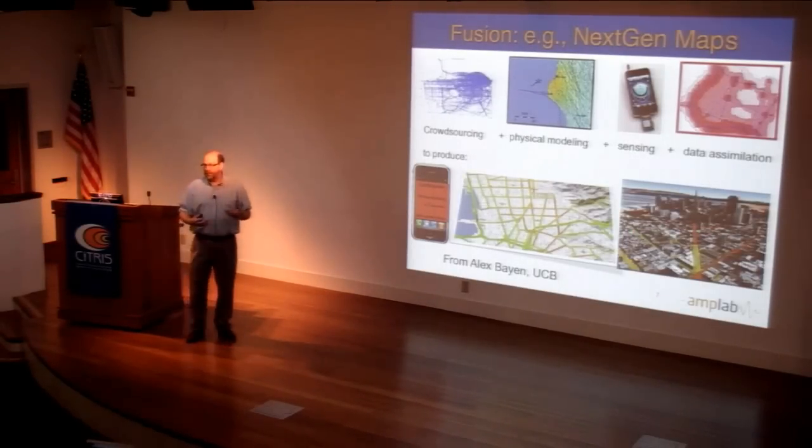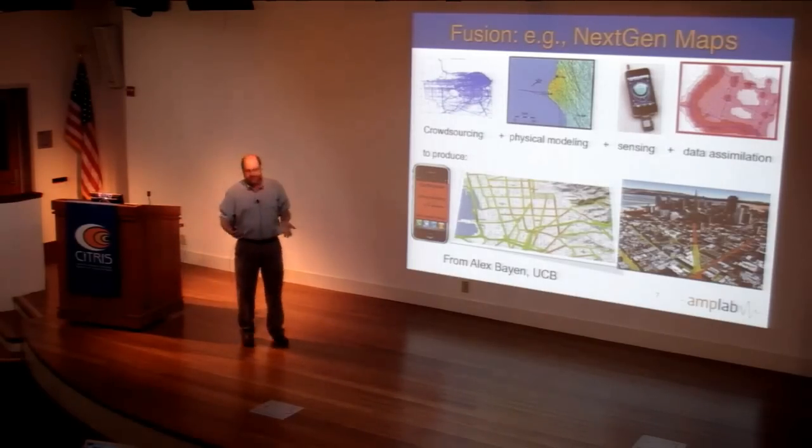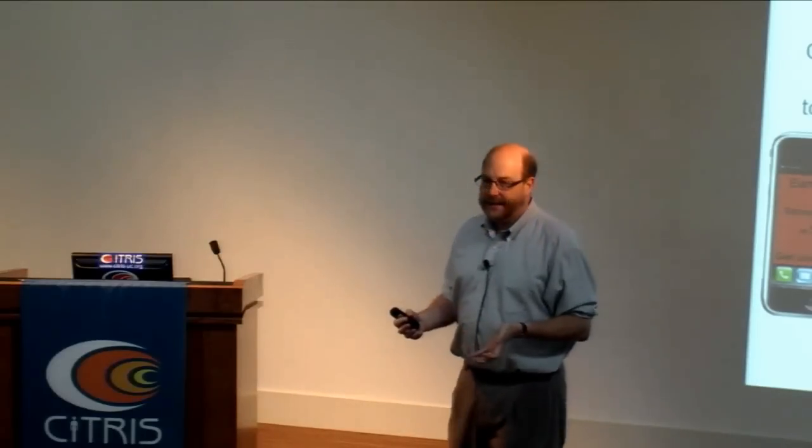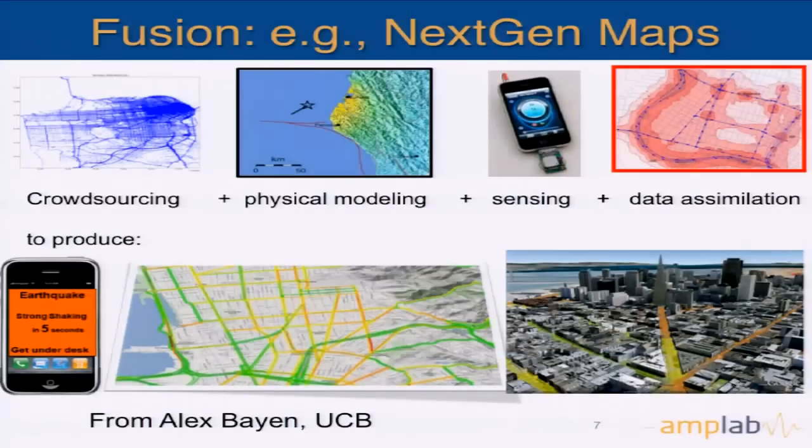Okay, if you think about what's involved in building some of these applications, yes, there are huge amounts of data. Yes, a lot of that data is messy and incomplete and needs to be integrated and put together. But it's really this whole set of things that you have to do in order to build these new data products.